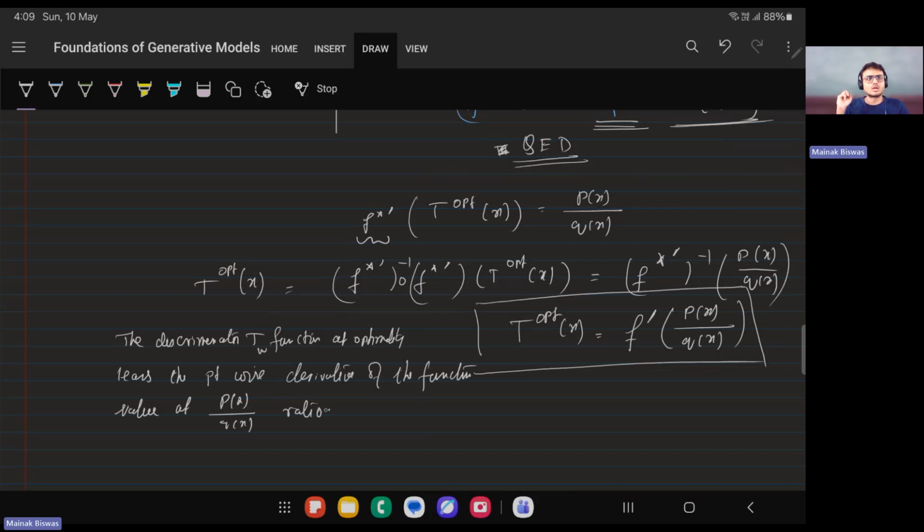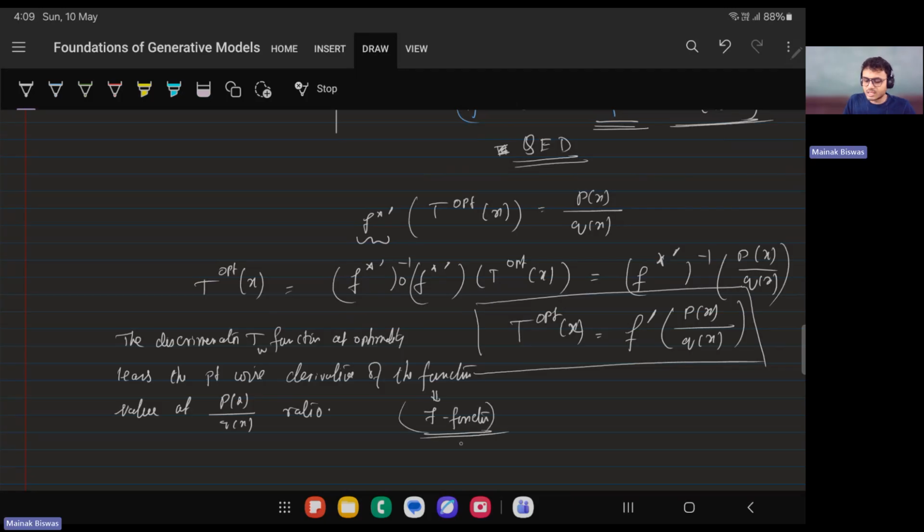Okay, this is what we end up learning. We find out the ratio, take the derivative and compute the value at p by q at that point, and that's what t opt tries to find out. The ratio of the two distributions that I have at hand, and the derivative of the Fenchel's function. The function is the f function.